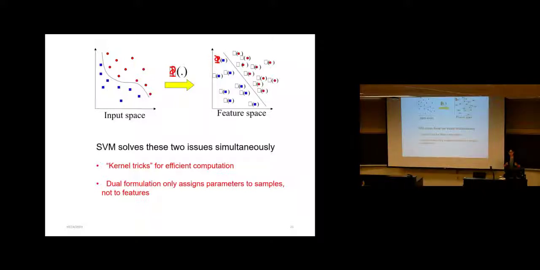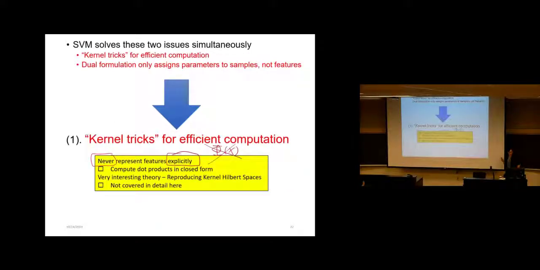I'm not assigning weights to the features; the learnable parameters are each assigned to the training samples. So what is the kernel trick? Why is it even efficient? The whole idea is you never represent phi. You just directly calculate k(x, z).